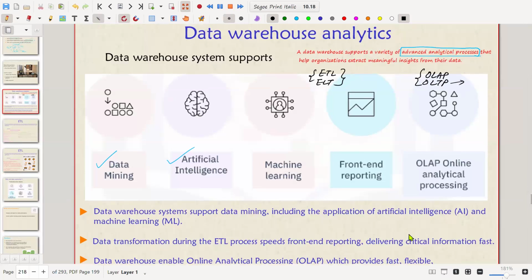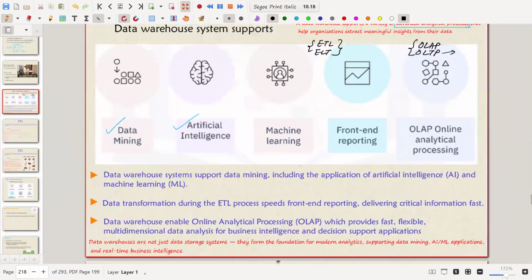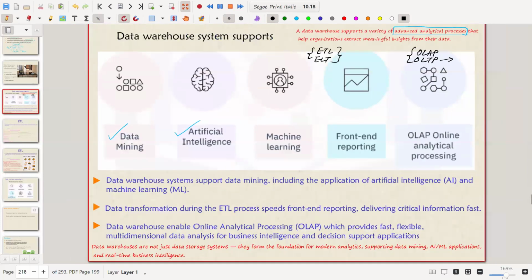This will come in the next slide, don't worry about it. These will be the catchy phrases in this module, like schema, which schema, star and snowflake. These will be the center of attention in this module: OLTP, OLAP, ETL, ELT, and schema, star schema or snowflake schema, right?